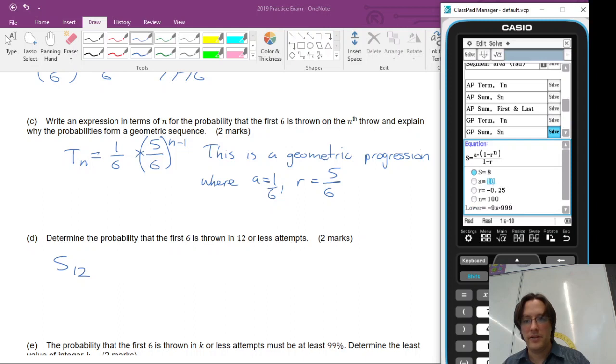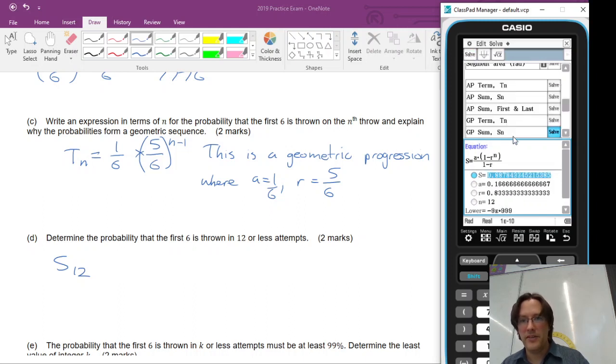Oops, it lost my numbers. 1 over 6, 5 over 6, and 12. So let's calculate that. It should be a number less than 1. Yep.